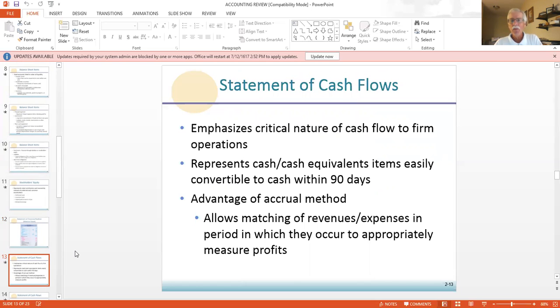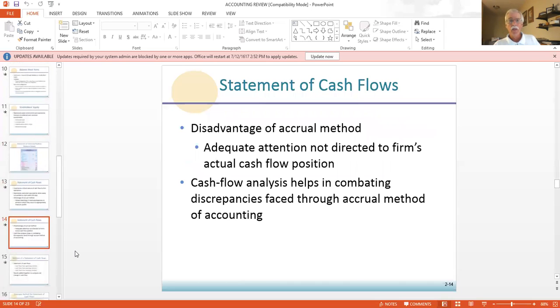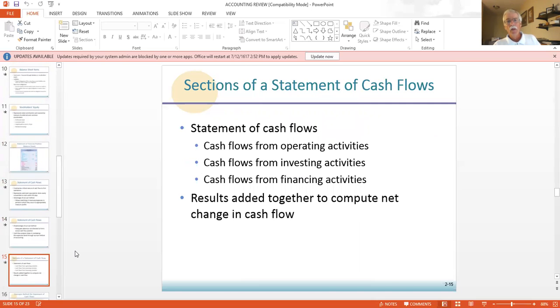The statement of cash flows is important because we complete our income statement and our balance sheet based on the accrual method of accounting, but it's necessary to always know how well you're positioned in terms of cash. So we complete a statement of cash flow. Statement of cash flows comes in 3 sections: cash flows from operations, investing, and financing.